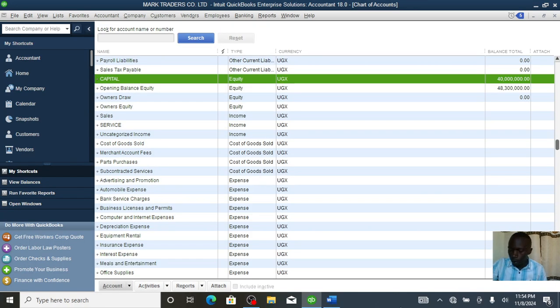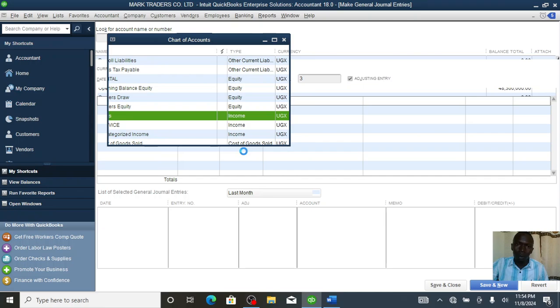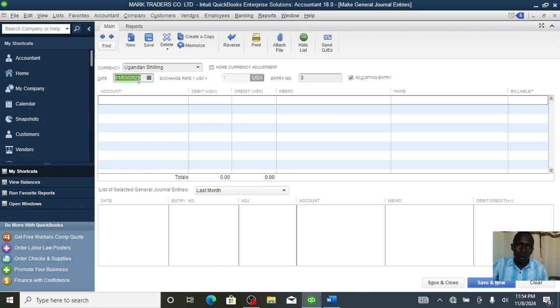Still on 3rd, he obtained a 5-year bank loan worth 100 million at 14% per annum. Here we are going to debit the bank, we credit the loan. Go to journal entries. It was on 3rd.